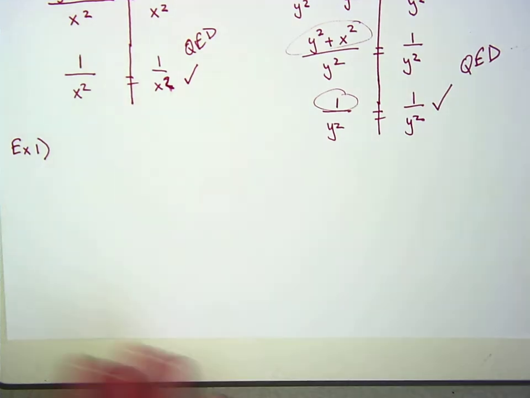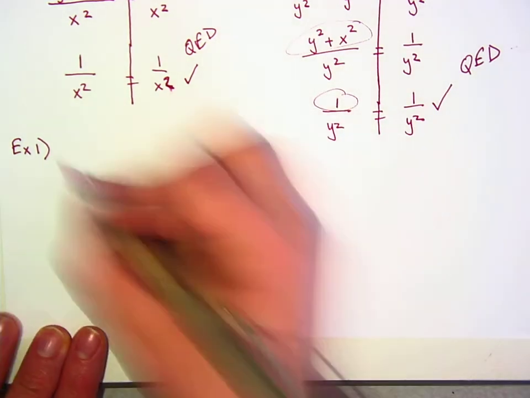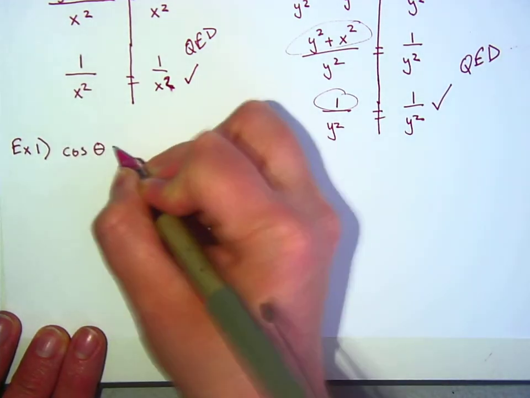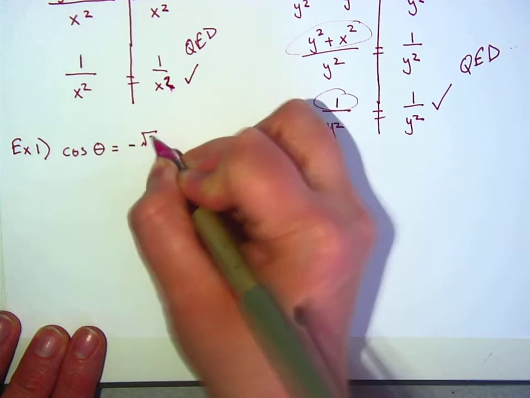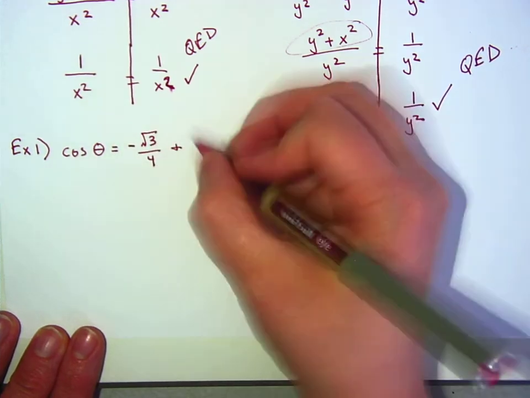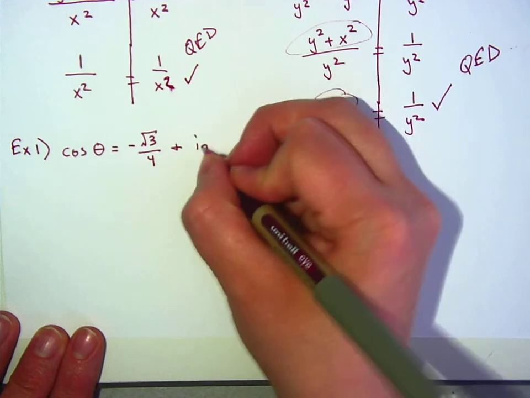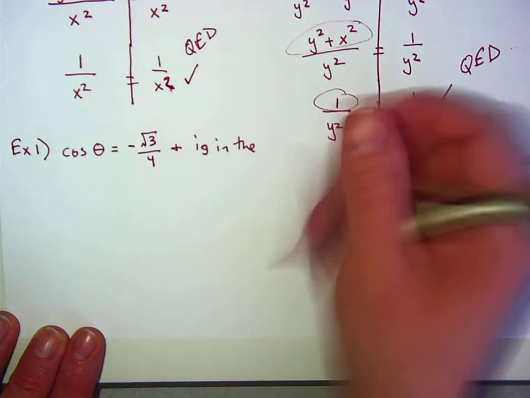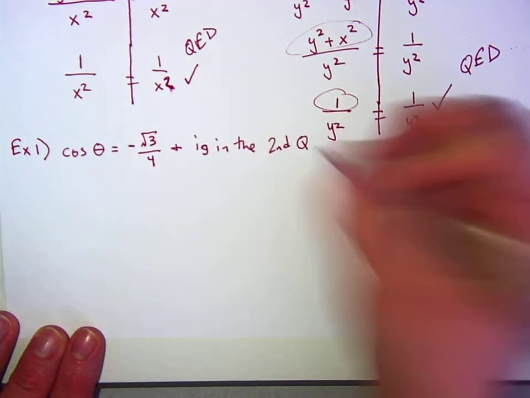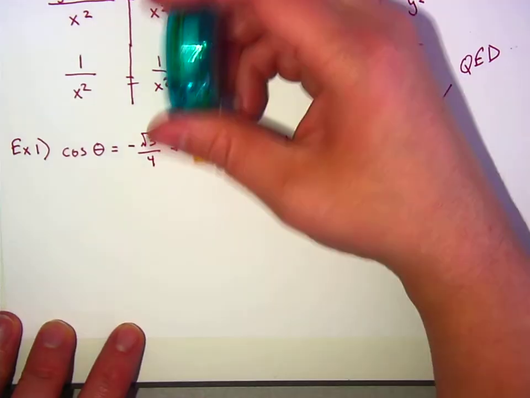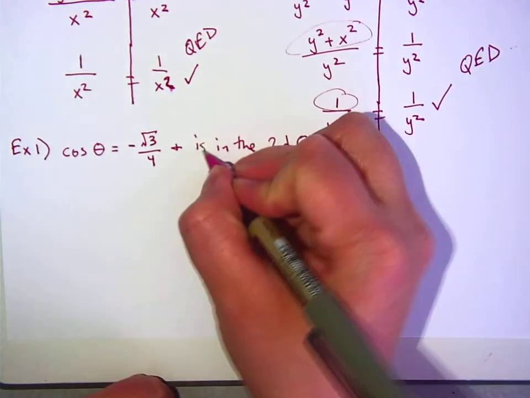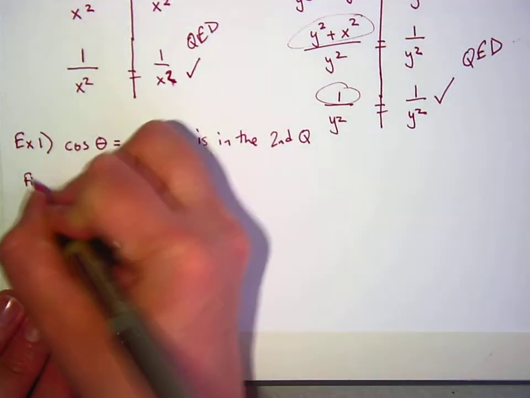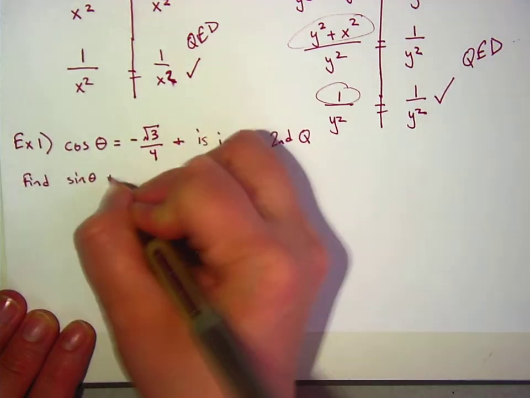So let's say that cosine of theta equals negative square root of 3 over 4 and theta is in the second quadrant. Okay, and I want you to find sine theta and tangent theta.